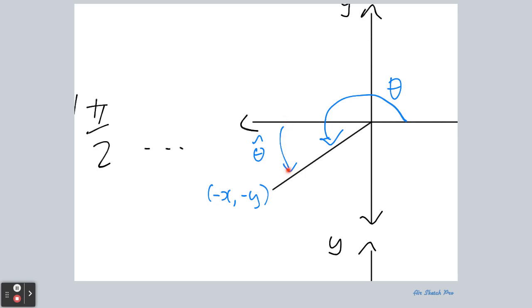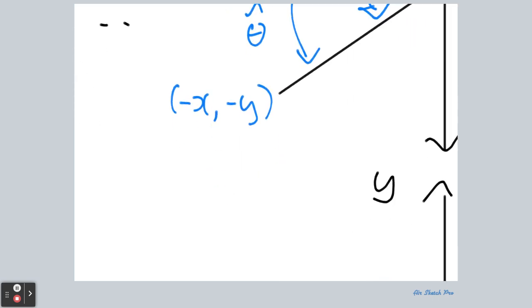So this is theta hat, this little acute angle here. So the triangle would be formed here, and x would be cosine of theta hat, and y would be sine of theta hat, but then we have to apply the sign, the plus or minus. So that would be negative cos theta hat and negative sine theta hat.